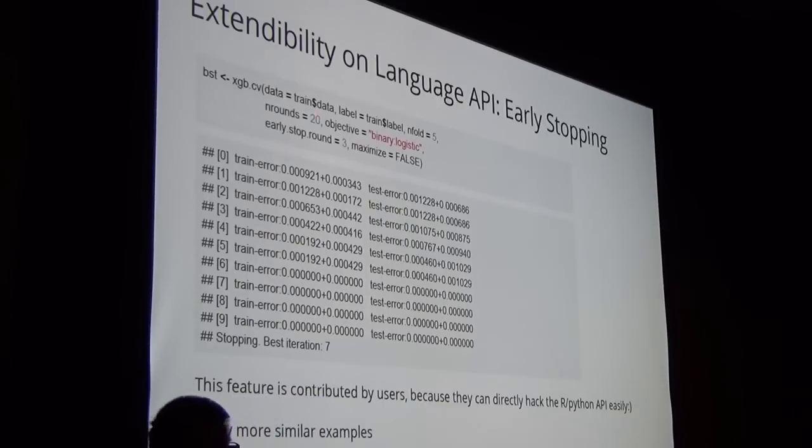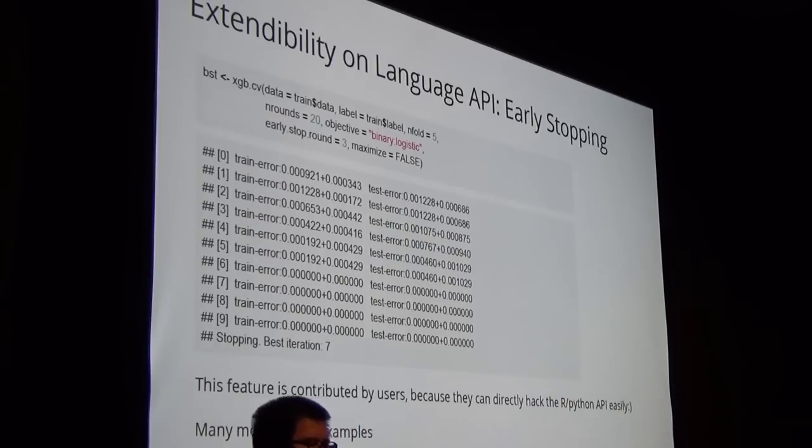What this API does is decide for you. Basically, you can provide the early stopping round, and it will continue running until the validation error does not decrease. This is a very interesting feature that allows many Kagglers in machine learning competitions to do quite well.